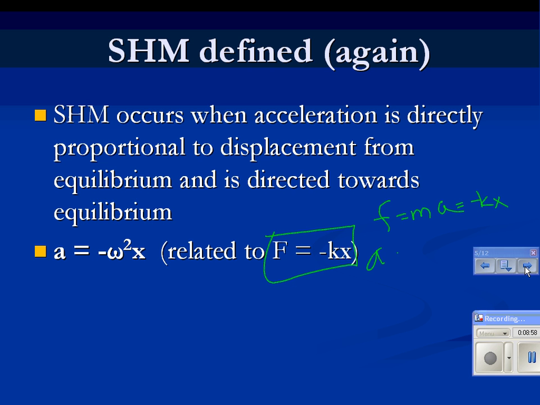So a equals negative k over m times x. It turns out this quantity, the spring constant divided by the mass, is the same thing as omega squared. I don't know that you'll actually have to do that math, like ever have a problem where you have to do that kind of a calculation, but that's the relationship. This idea of omega squared being a constant, well, it's the spring constant divided by the mass that's on that. Okay. Negative k over m times x.